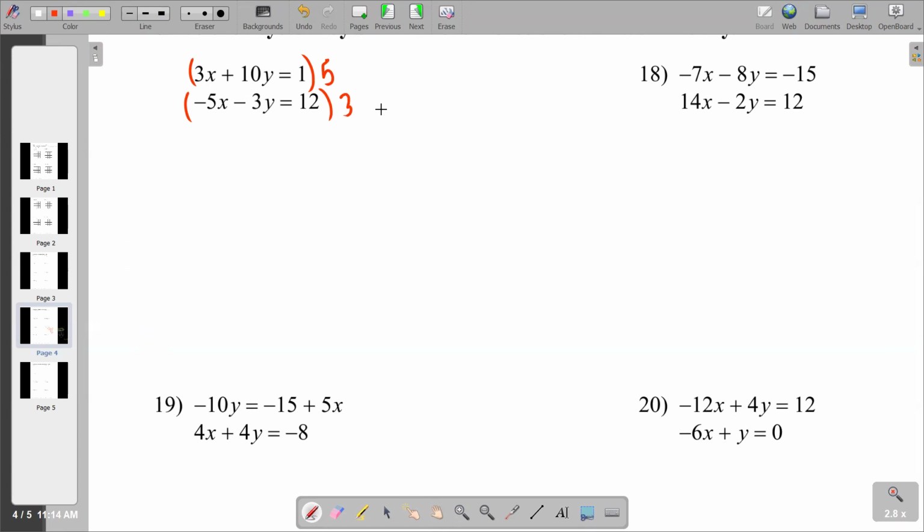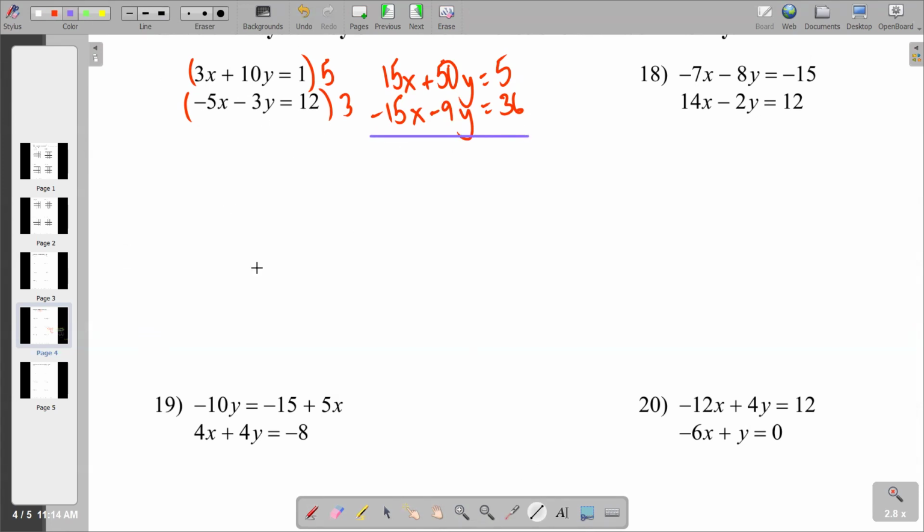Okay, what are we going to get for the top? Good job. And how about the bottom one? Minus 9y. Good job. And what happens there is we just made a system, or you actually, I just was along for the ride.